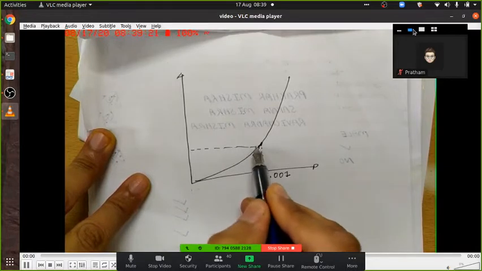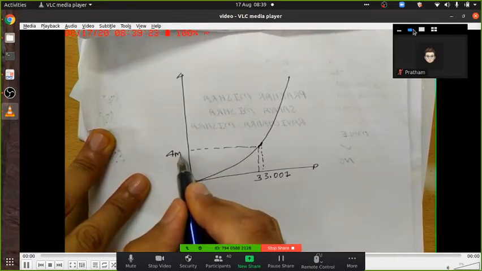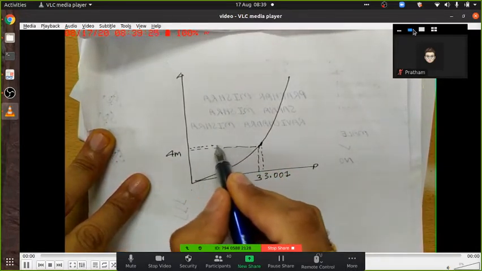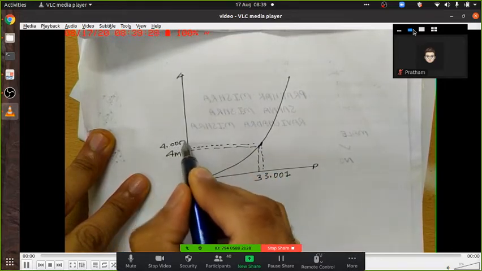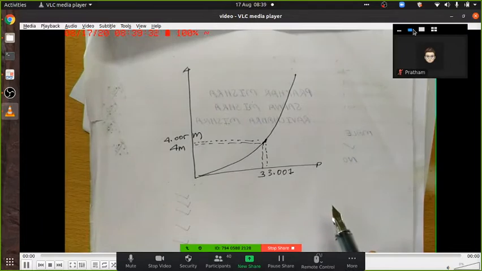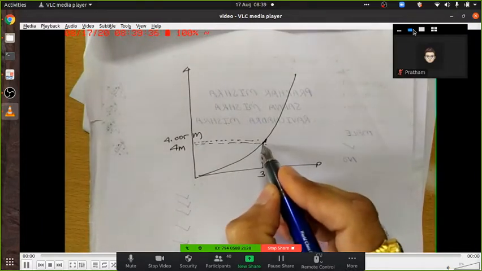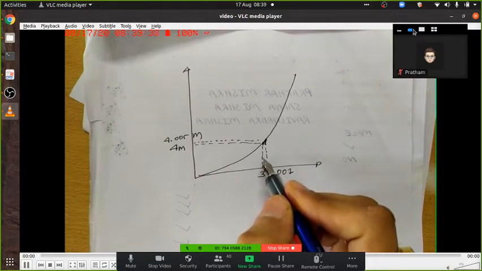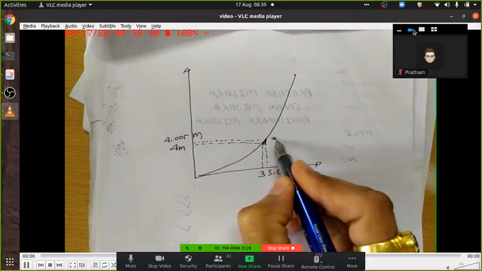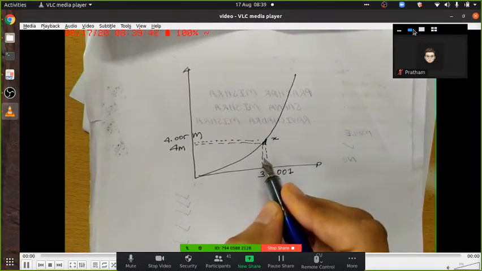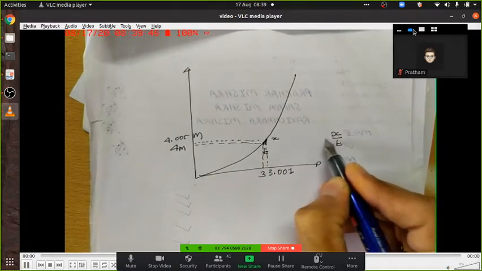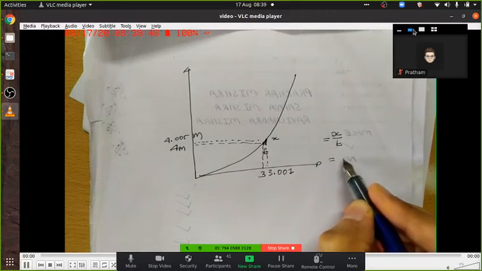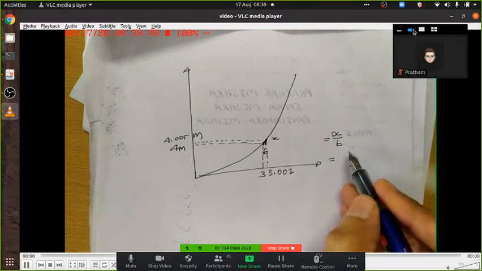This might be, let's say, 4 meter, and the next to that 4.005 meter. Okay. Now if I find the slope of this, I'll get x vertically, horizontally I get t. Now if I take x by t, it is also the ratio of distance and time, so it is also speed.